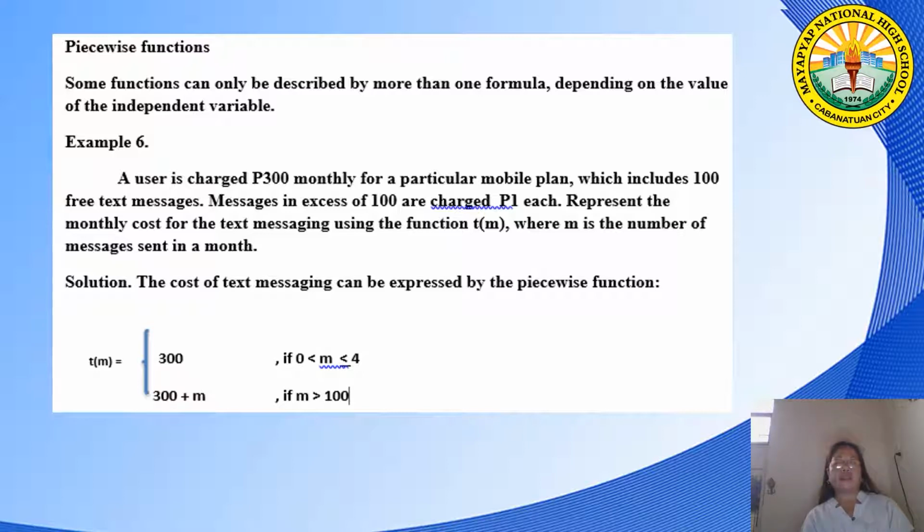Represent the monthly cost for the text messaging using the function T of M, where M is the number of messages sent in a month. Solution. The cost of text messaging can be expressed by the piecewise function. T of M equals 300 if 0 is less than or equal to M is less than or equal to 100. T of M equals 300 plus M if M is greater than 100.